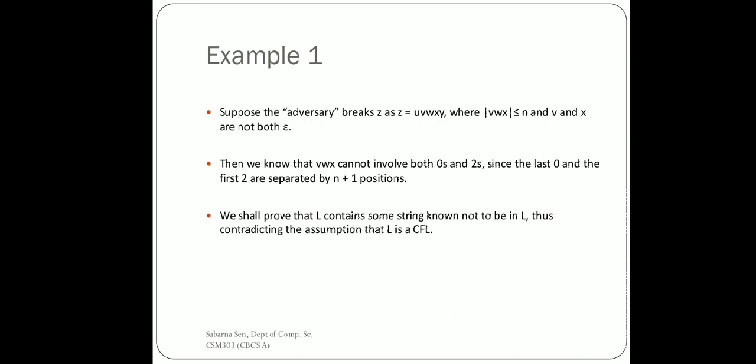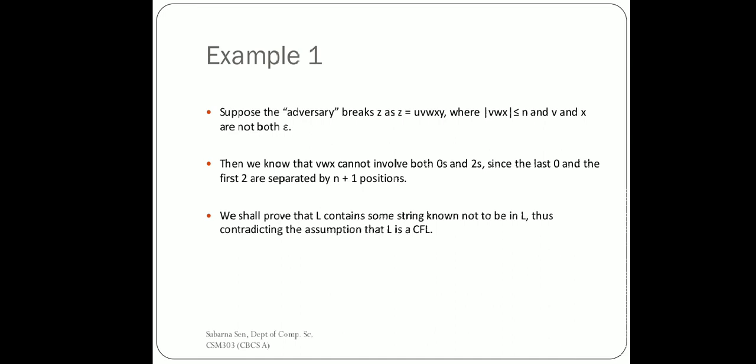Now we know that vwx cannot involve both zeros and twos. It is very easy to understand. We are saying that the total z is of length at least n, and vwx can be lesser than or equal to n, but the least length of z is n, right?